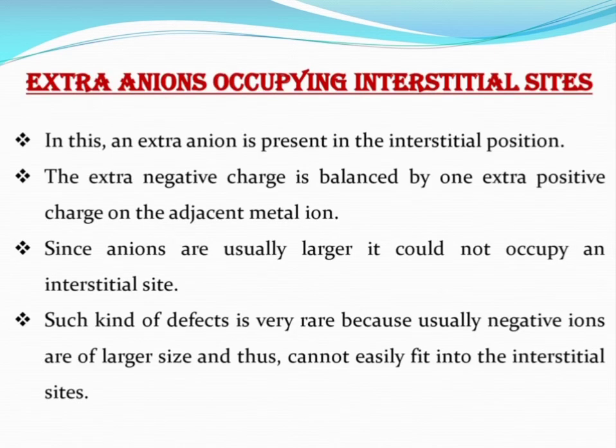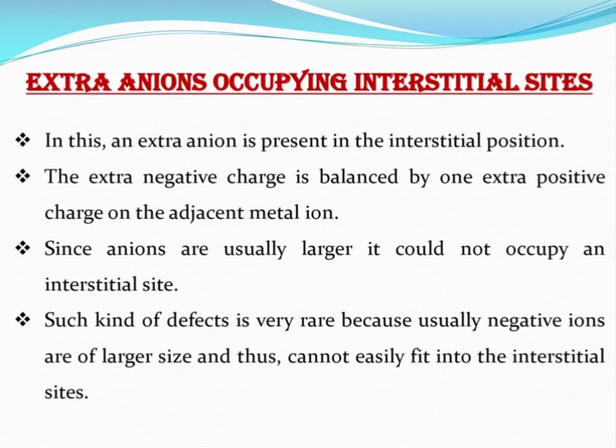Next, extra anions occupying interstitial sites. In this, an extra anion is present in the interstitial position. The extra negative charge is balanced by one extra positive charge on the adjacent metal ion. Since anions are usually larger, they cannot occupy an interstitial site.